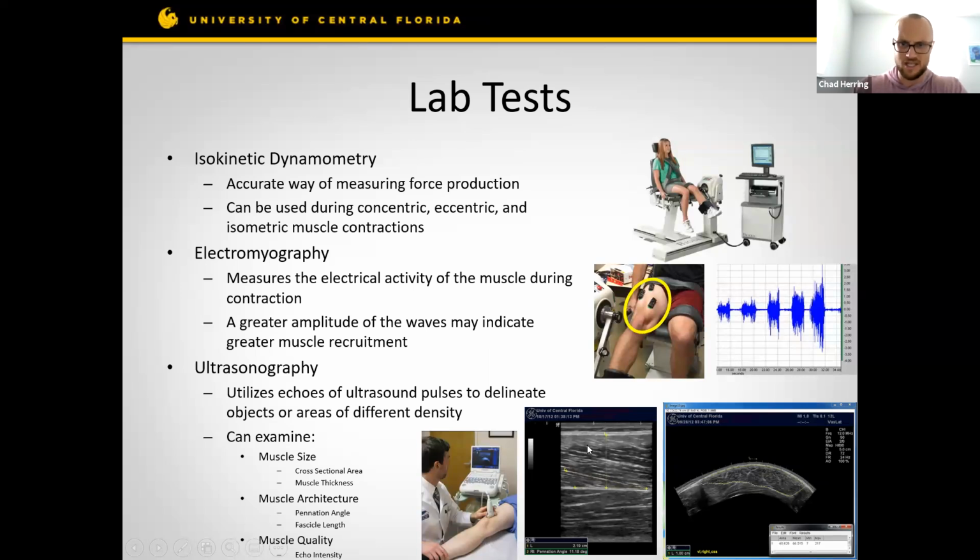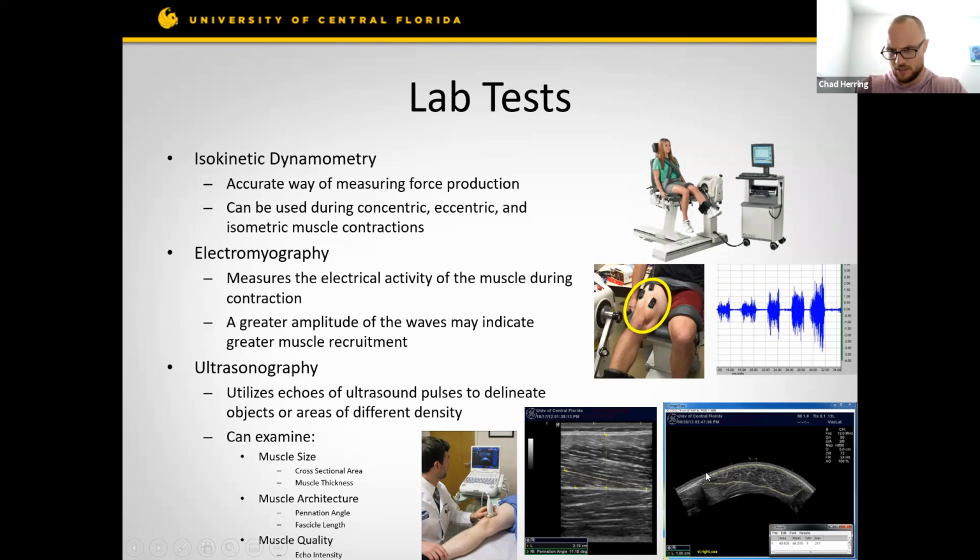And then ultrasonography, or ultrasound. I did use this for a study as well. You can essentially measure the thickness of the muscle. So this is a snapshot, and here you can see the top of the muscle, the bottom of the muscle, and those are the individual muscle fascicles going through there. So you can measure pennation angle, the thickness of the muscle, and you can even measure the thickness of subcutaneous fat. And here's a cross-sectional snapshot of the muscle.